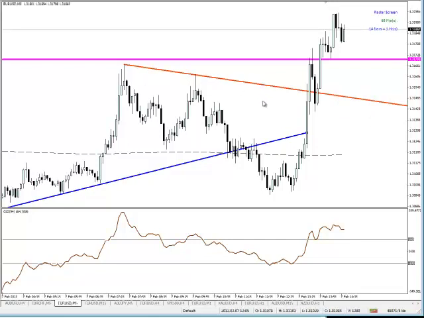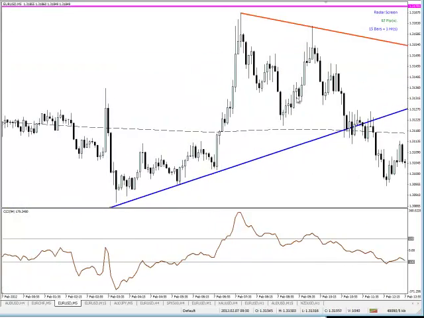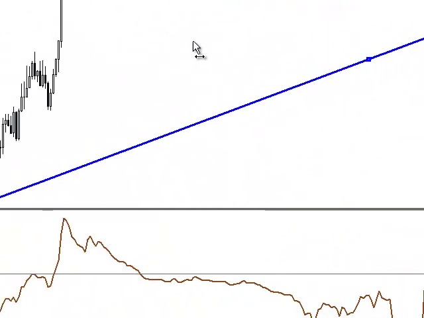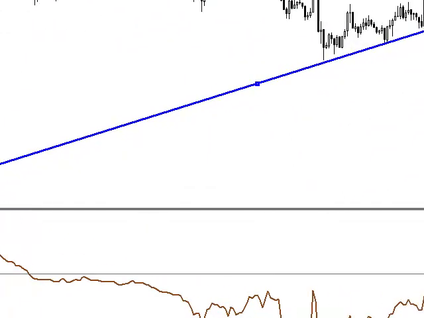And I said, well, gosh, if it breaks above that red trend line on the 5-minute chart, it will be coming out of oversold on the CCI on the 5-minute chart and rising upward. And the recent trend on the 5-minute chart was up. So I'd be continuing that recent trend on the 5-minute chart.